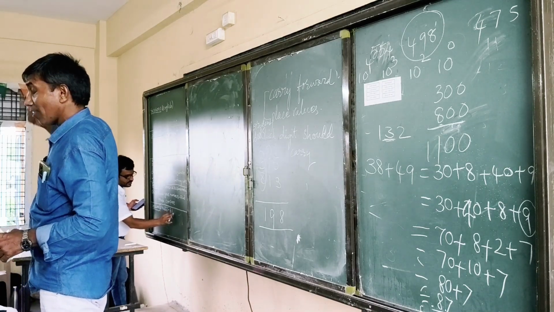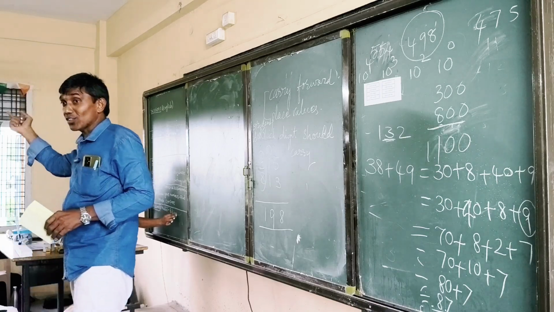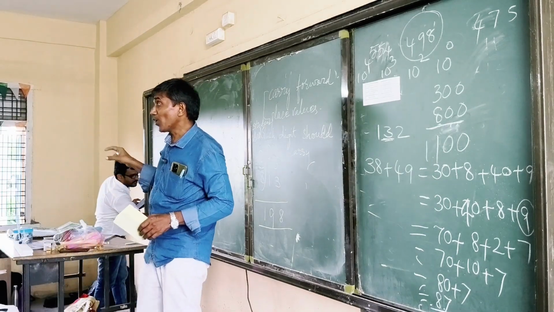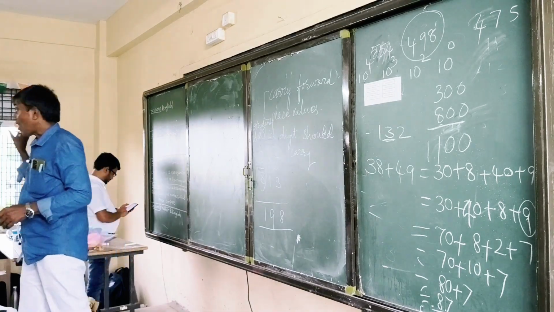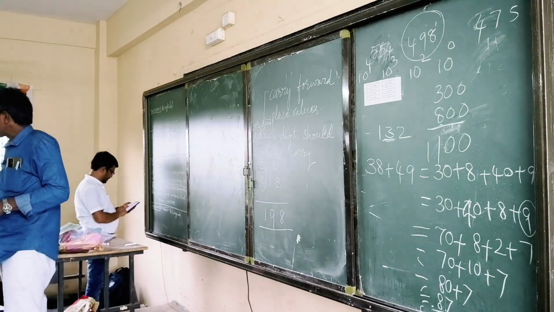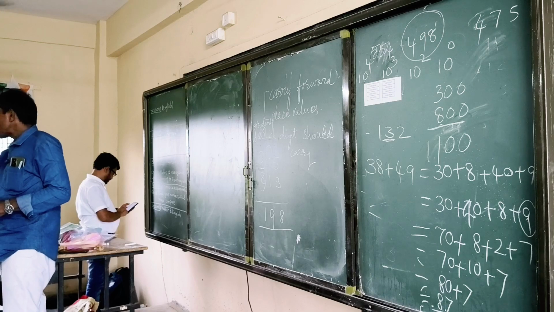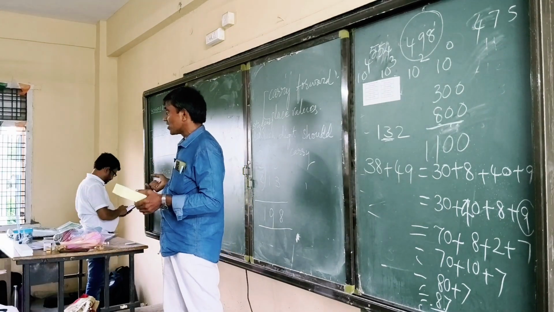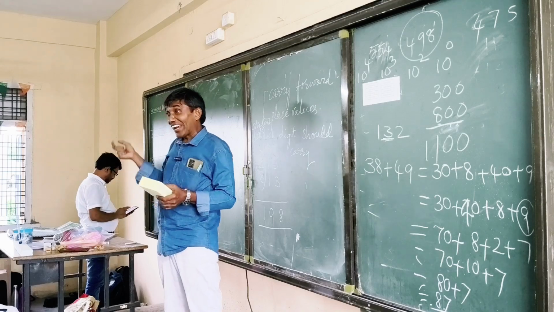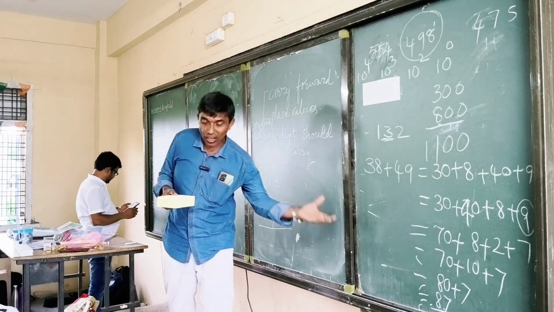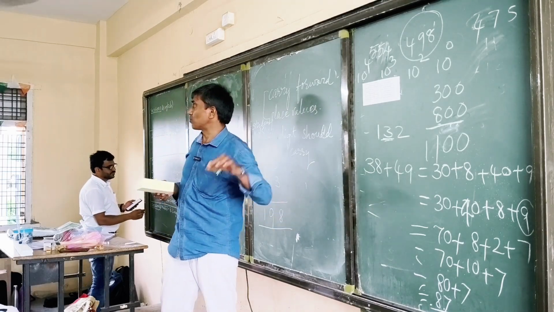When a child goes to the higher classes: a number in the tens place is half of the number in the ones place. The ones place digit is 6. What is that number? That is the question. At that time, he understands the base-10 system.